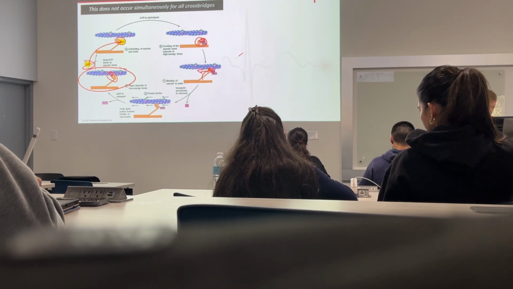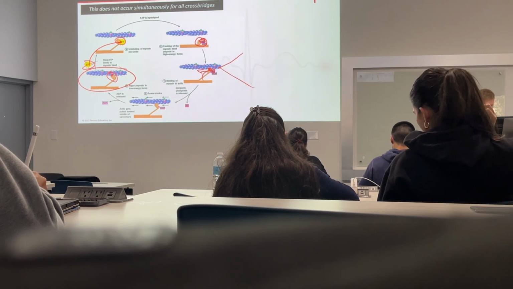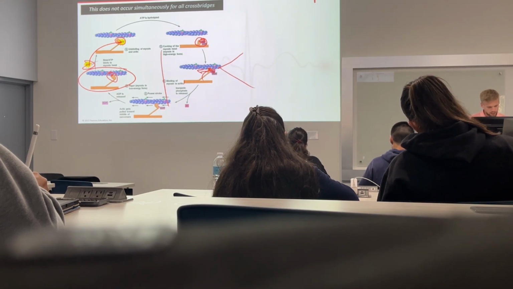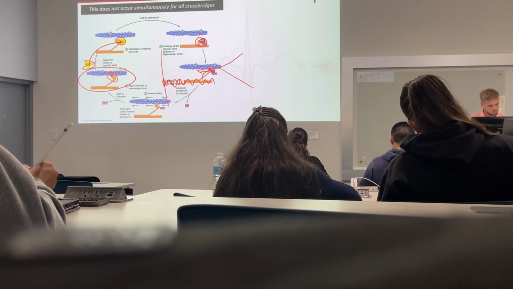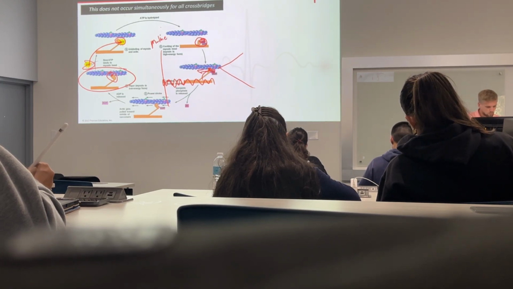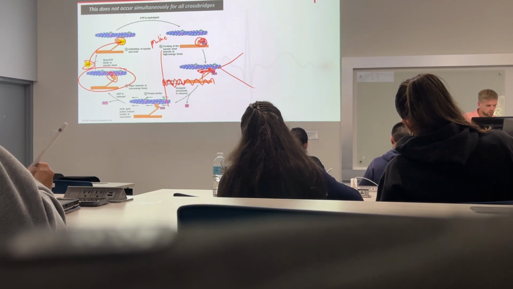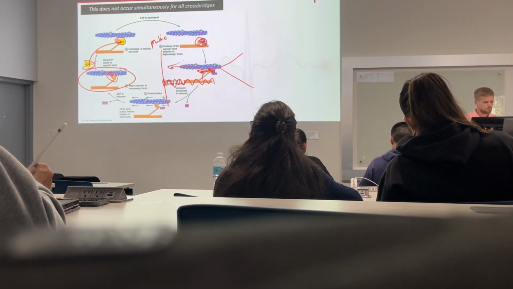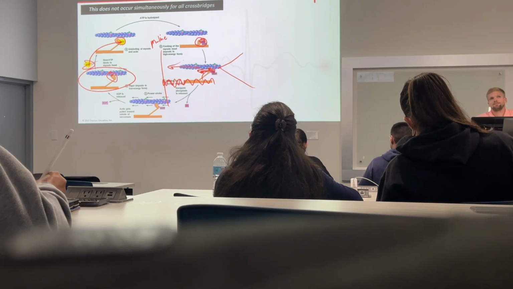So if this were a Z disc here, and this were the M line, when the myosin head swivels or cycles, it pulls the actin filament towards the M line.